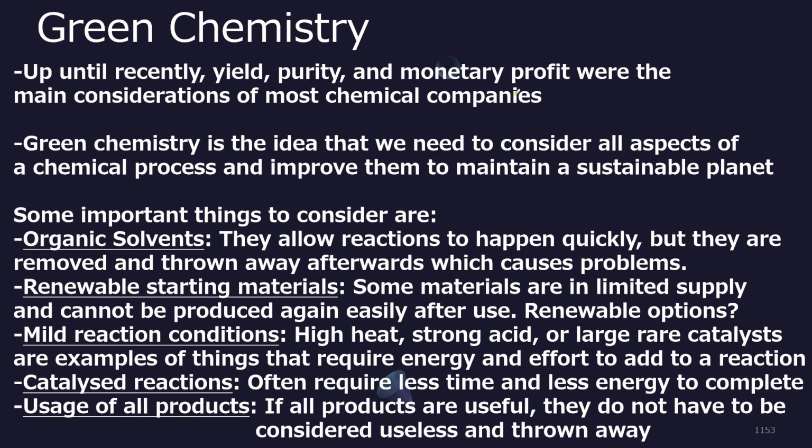They're just usually evaporated off. This causes problems and is very wasteful. Next, renewable starting materials. Some materials are in limited supply and cannot be produced again easily after use. For example, fossil fuels, petrochemicals. Are there any renewable options, such as maybe alcohols from our biofuels section?